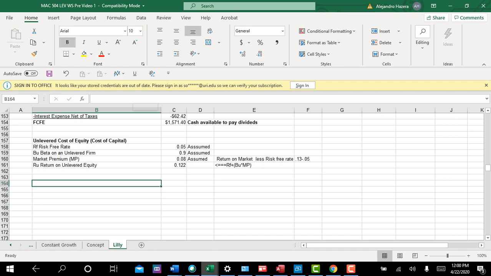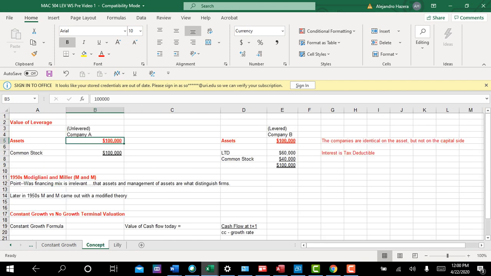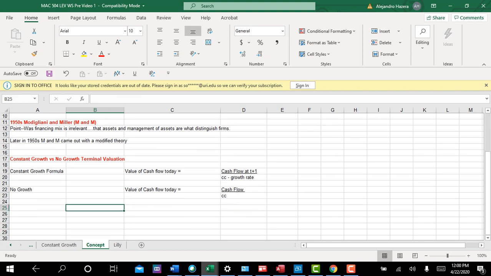We're going to do the valuation of Lilly two ways, assuming it has debt but that it doesn't grow. For our valuation, we're going to be using the no growth formula, the terminal formula, which is this formula right here.